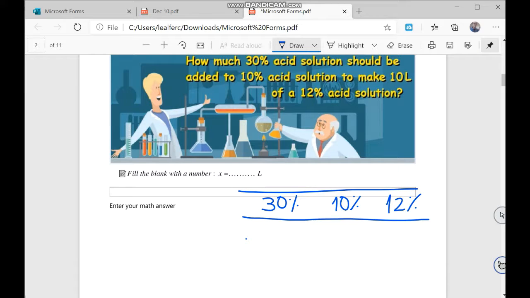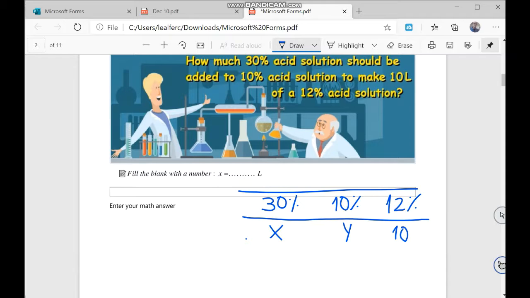The second line, you write down the volumes. We don't know the volume of the first solution, you write x. We don't know the volume of the second solution, we write y. But if you put together x plus y, you have 10 liters.